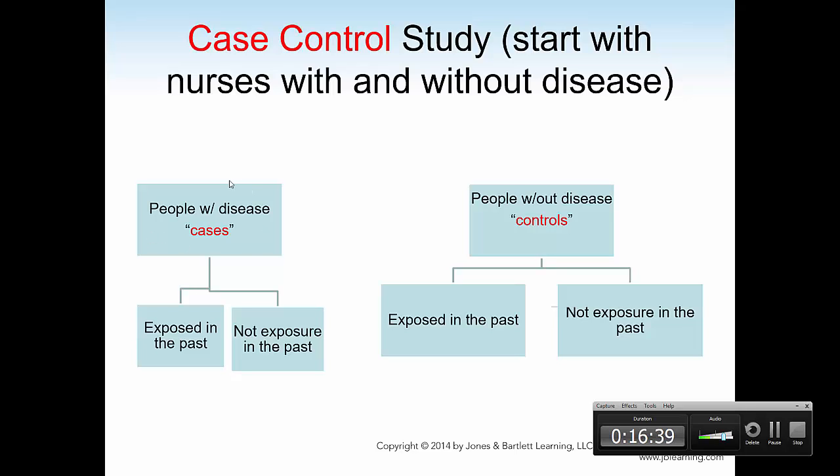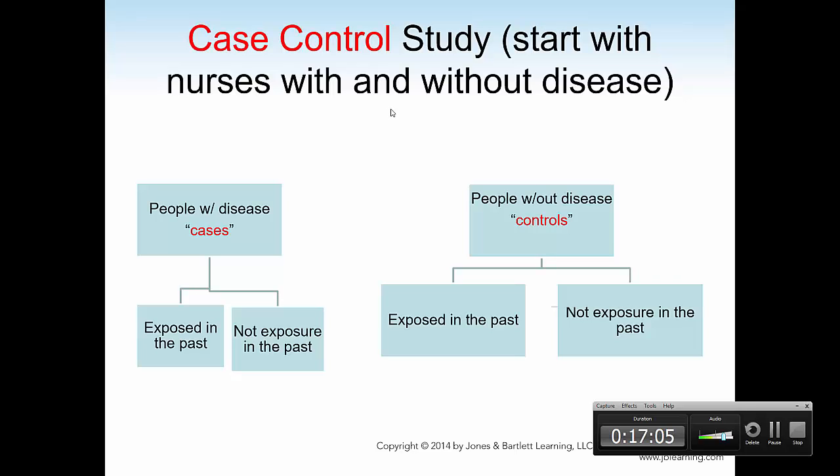So let's say people with the disease, the cases, had really no exposure. Maybe you're linking one chemical to cancer. Yeah, that's not going to work. But if people with the disease were exposed in the past, and people without disease were not exposed in the past, well, that's your case control study.